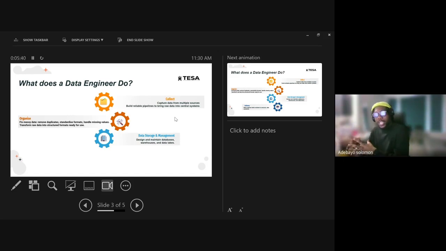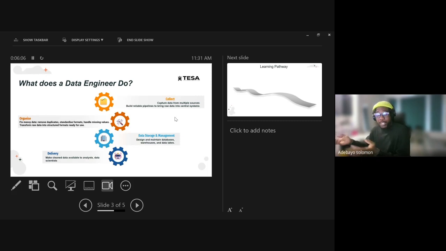Remember, storage is necessary so that other people can connect to that data and have access to it. All right. So you collect it, we organize it, we then store the data. And this requires us to design and maintain databases, data warehouses, data lakes, all forms of data infrastructure that ensure that other people within the team can access the data.